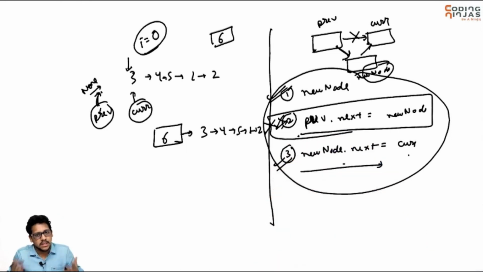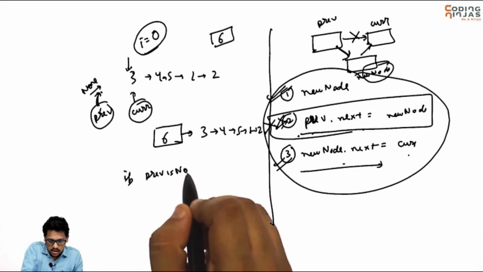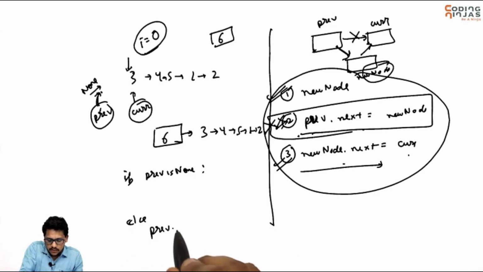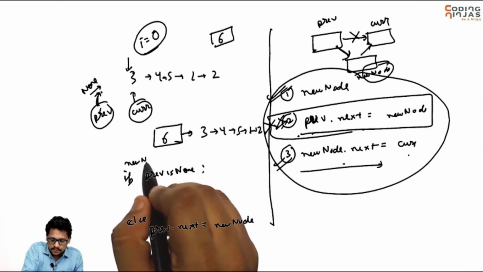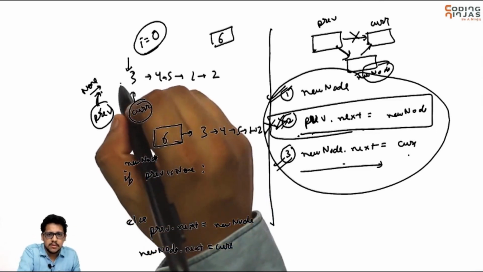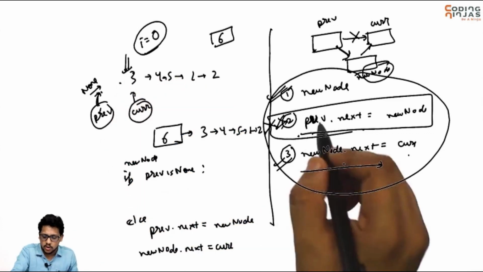We will check if previous is none, we will not do this. So if previous is none, I need to do a different thing. Else I need to do previous dot next equal to new node, and before that new node creation is same, and new node dot next equal to current remains same. The only step remaining is that previous is none here, so I cannot do this.